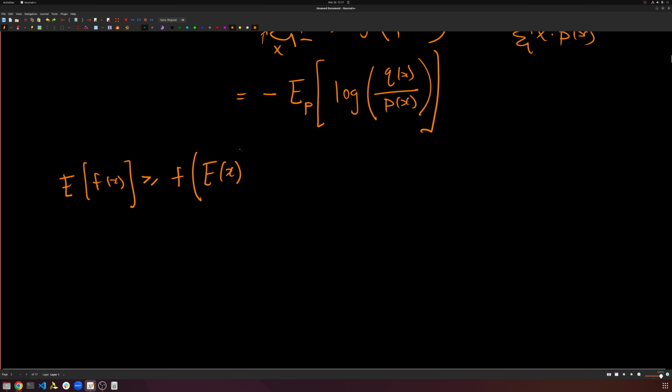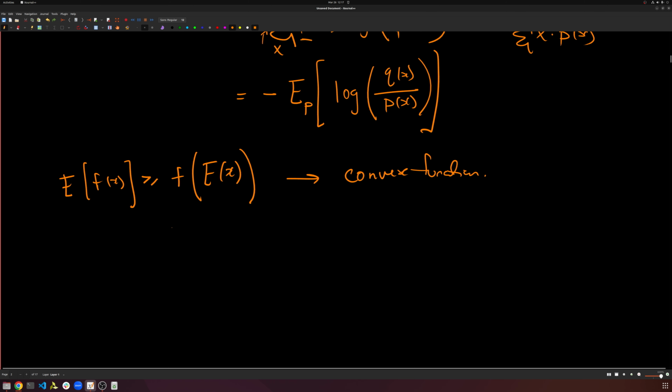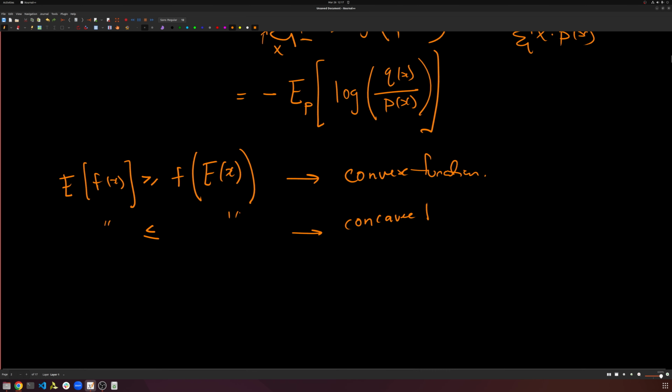This is true for convex functions. And similarly, it will be exactly the same thing, but less than or equal to for a concave function.